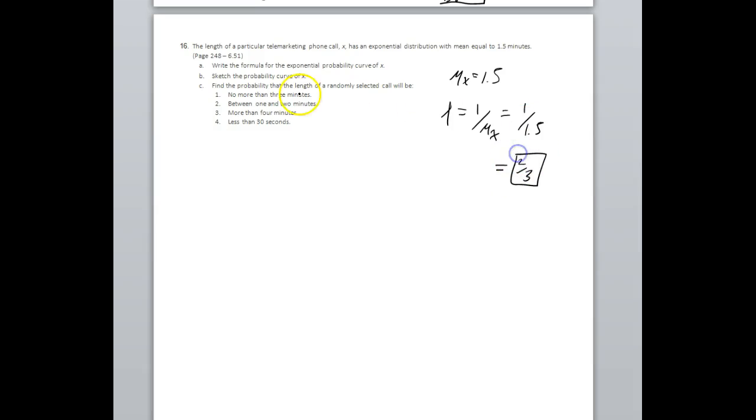Okay, so that's our lambda first off. So write the formula. Two-thirds e to the negative 2/3 x for all x greater than 0, 0 otherwise.